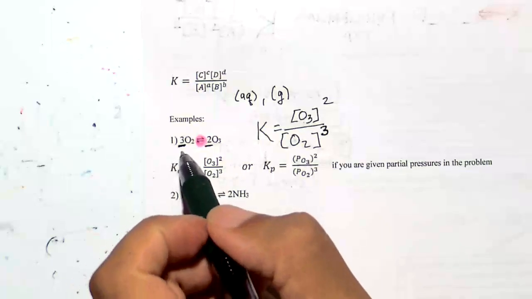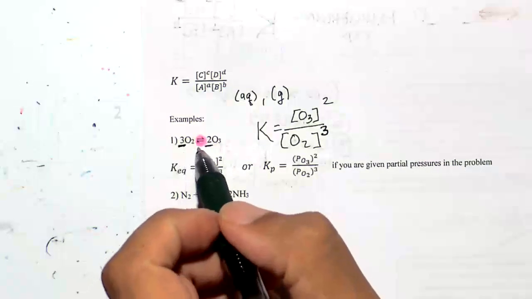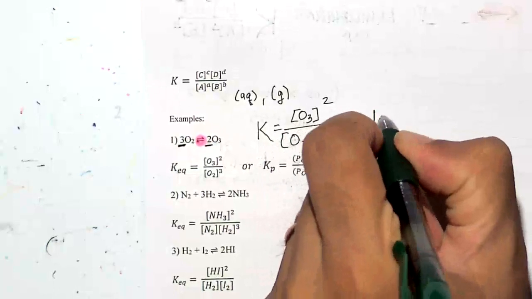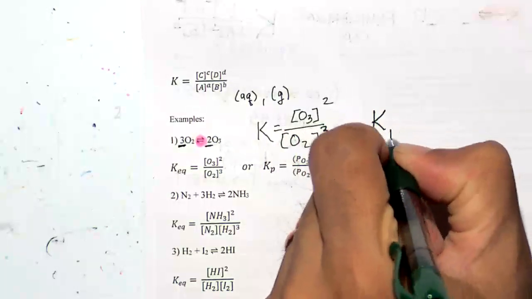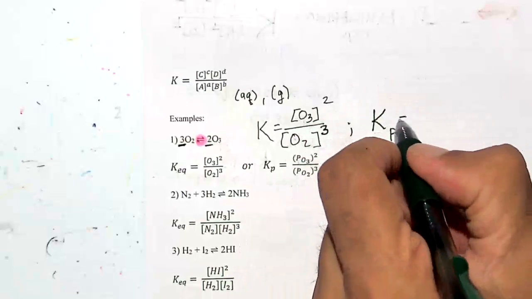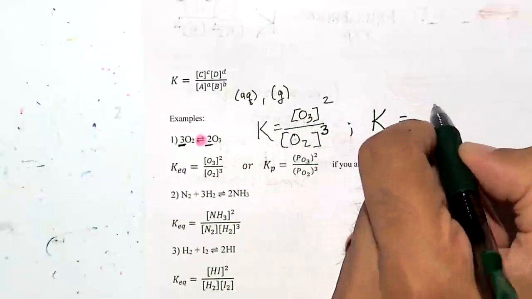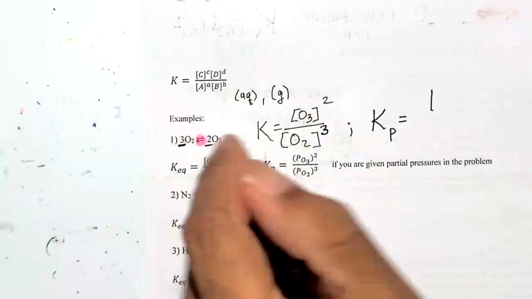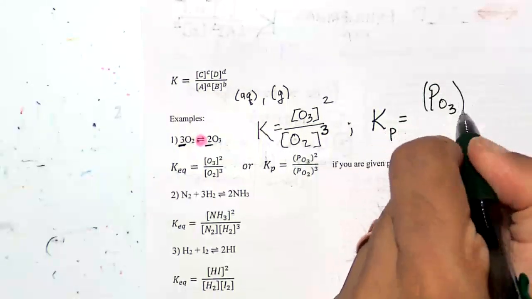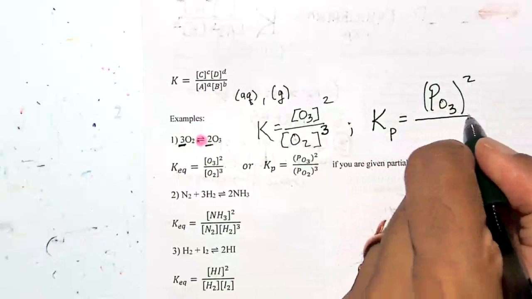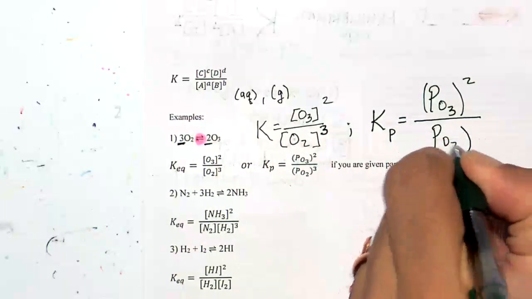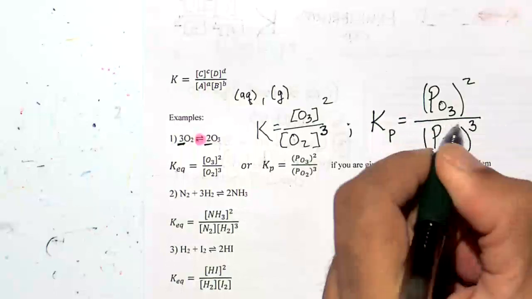What happens if these were gases? O2 is a gas. O3 is a gas. If they were gases, we can put something like Kp. P is for pressure. We can also express this, if these are gases, as the pressure of O3 squared divided by the pressure of O2 cubed.